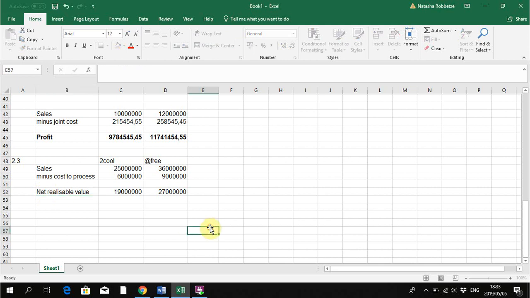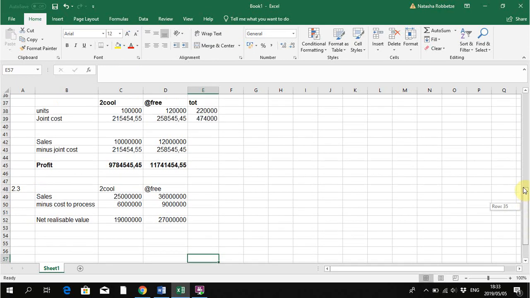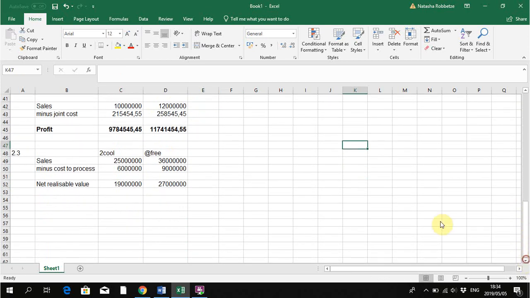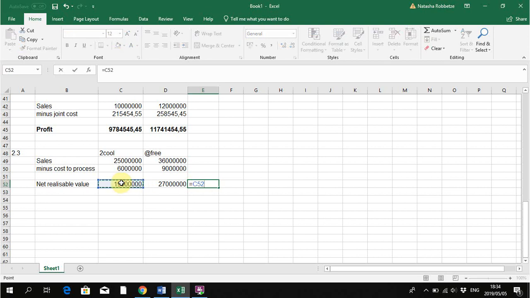So with the physical output, when I did my calculations for joint cost, the weighing, the division, and the multiplication was done in terms of the number of units. So now the weighing is done in terms of the net realizable value. So here I need a total of the two. And that gives you 46 million.